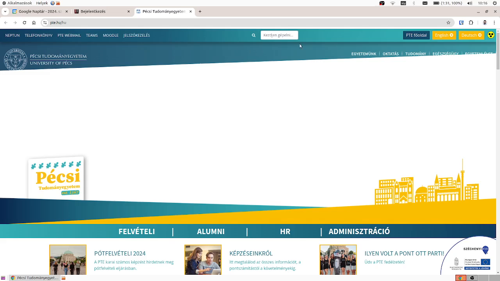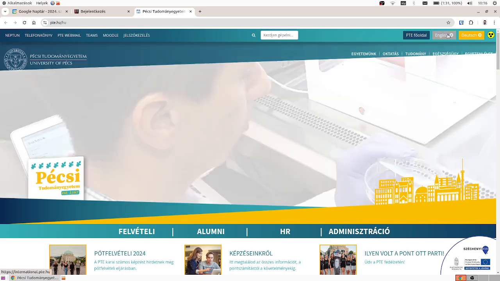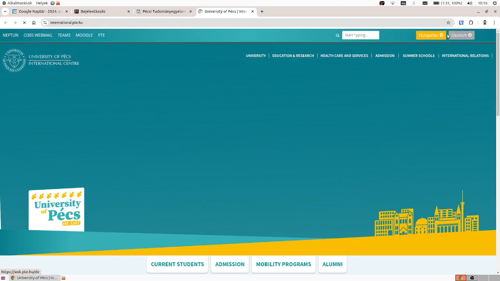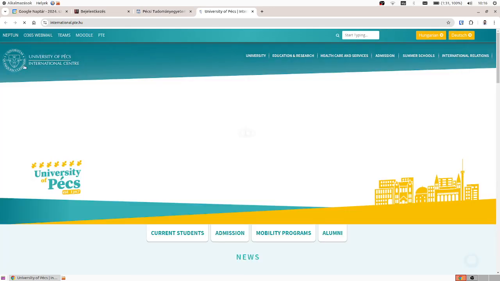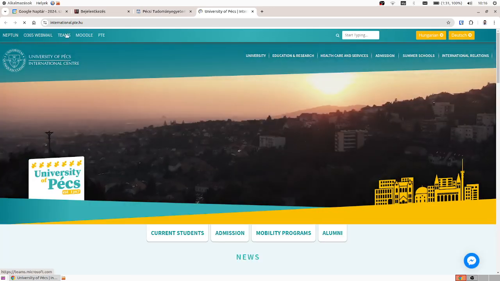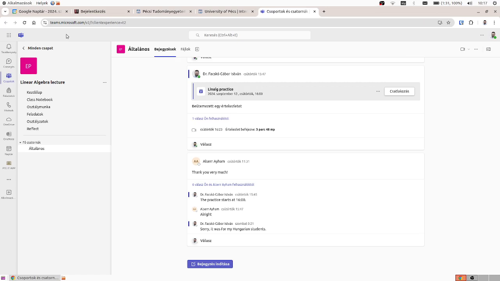Here is the main page of the university. So you can find the Neptune, the Teams, Moodle, everything here. And starting the Teams because there was someone who wanted to join online, but perhaps, I don't know.